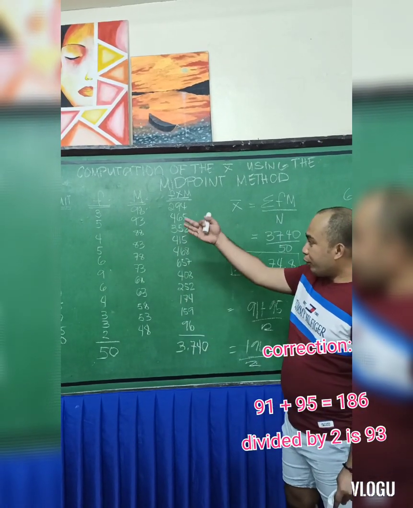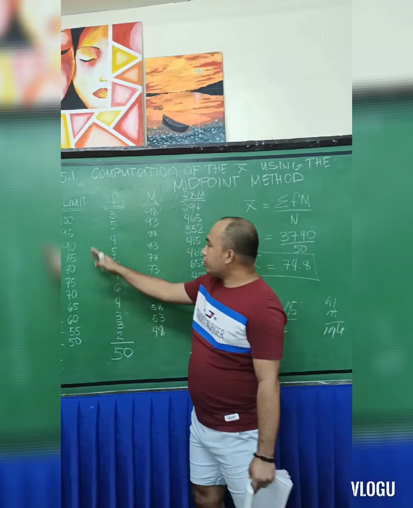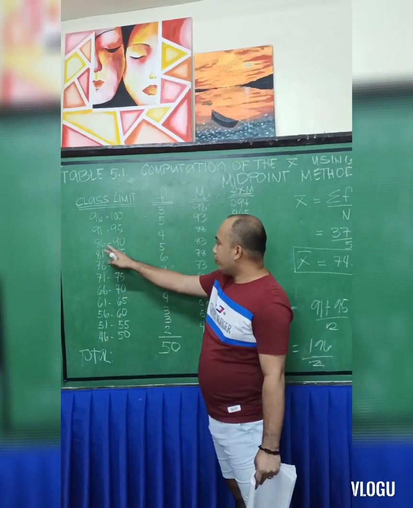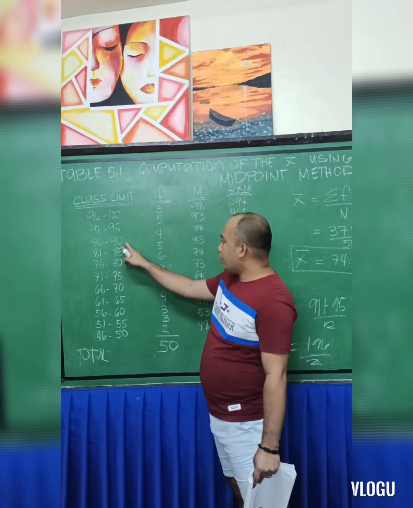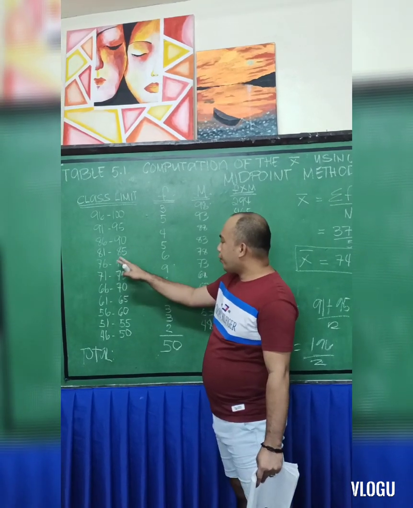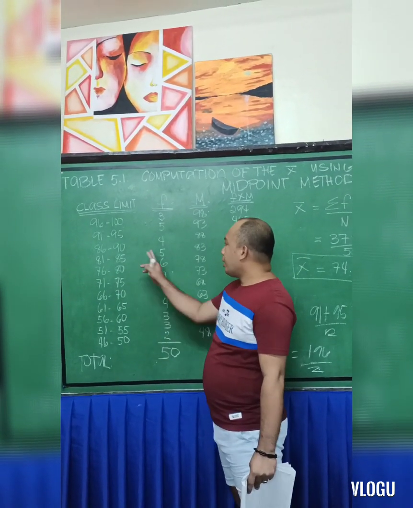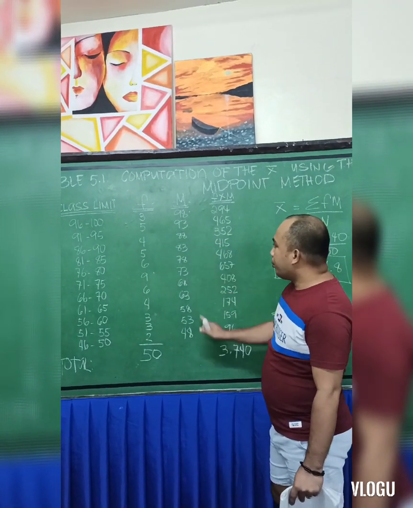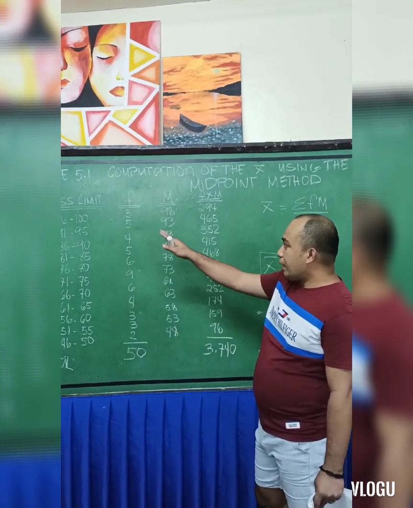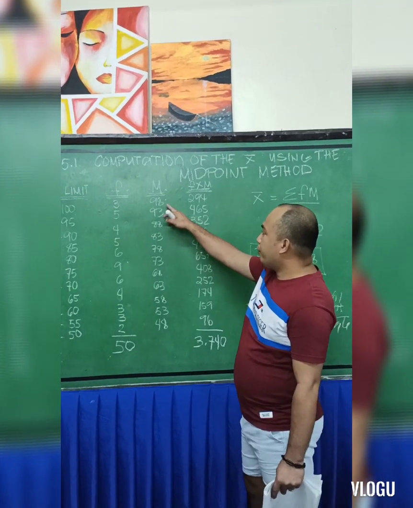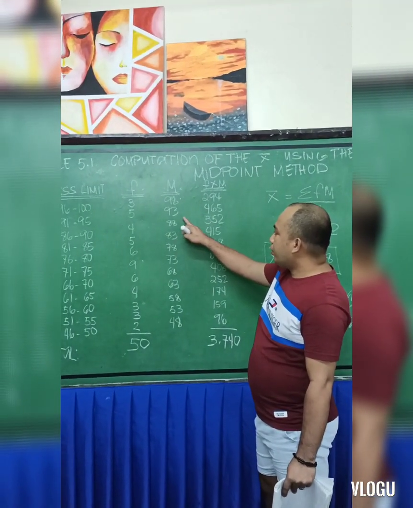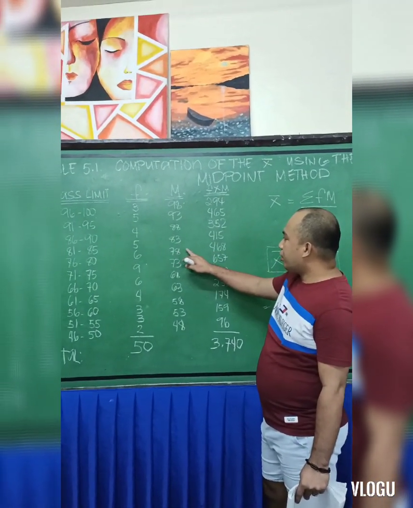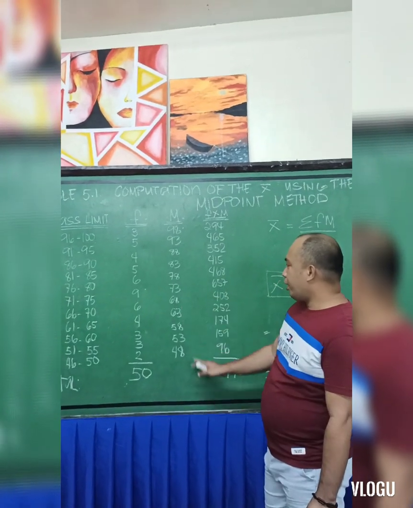So if you continue adding the class limits, from 86 to 90, 81 to 85, and so on and so forth, divided by 2, then we will come up with these numbers. In the class limit 96 to 100, we have the midpoint of 98, then 93, 88, 83, 78, and so on and so forth.